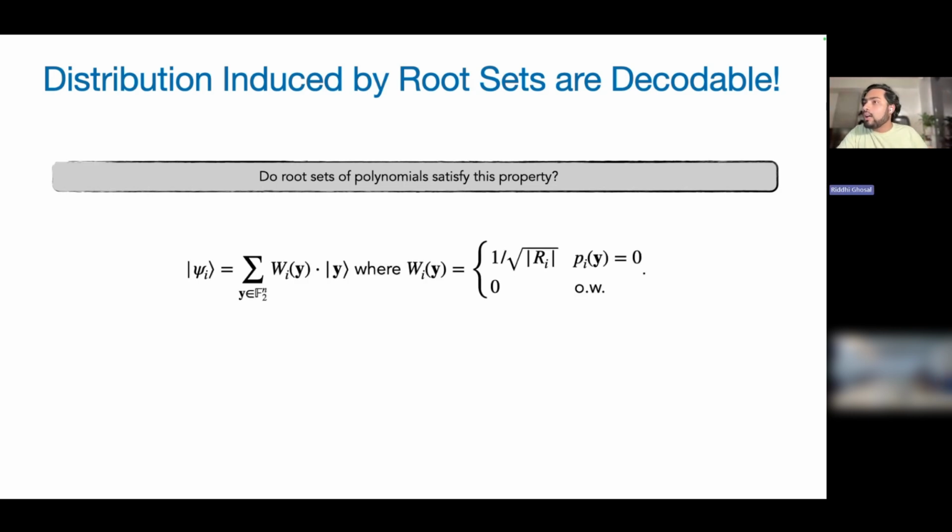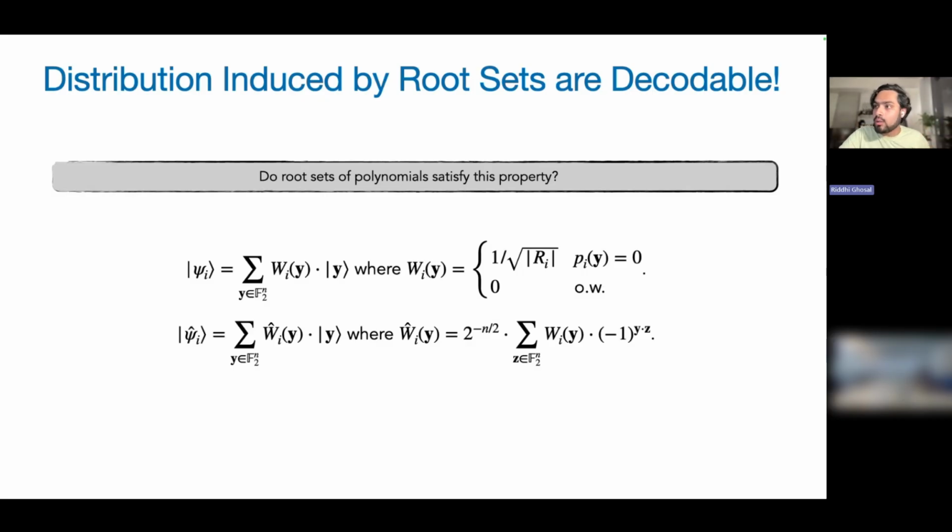To go a little into that, rehashing what I already mentioned: what does this state psi look like? It's basically a superposition, a summation of w_i(y), where w_i is nothing but 1 over the size of the root set if y is a root, and otherwise 0. When we do the QFT on top of that, psi hat looks like this.